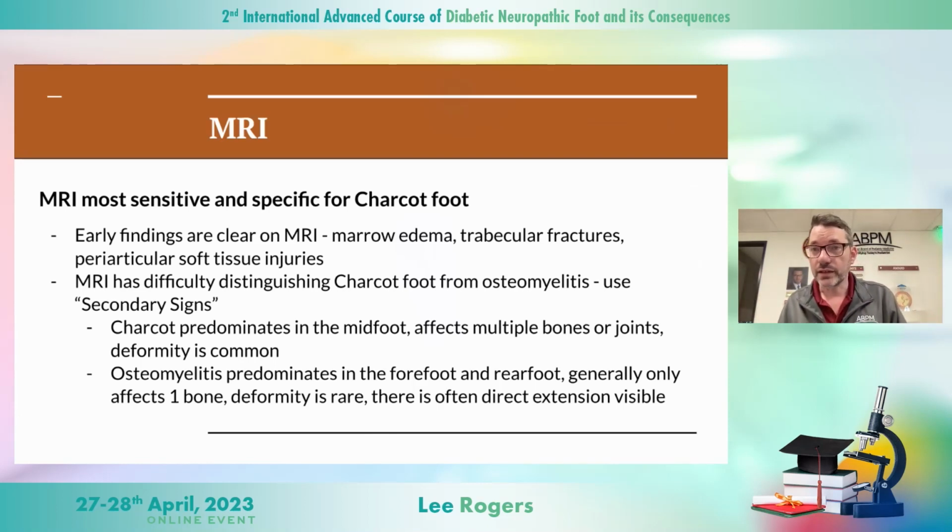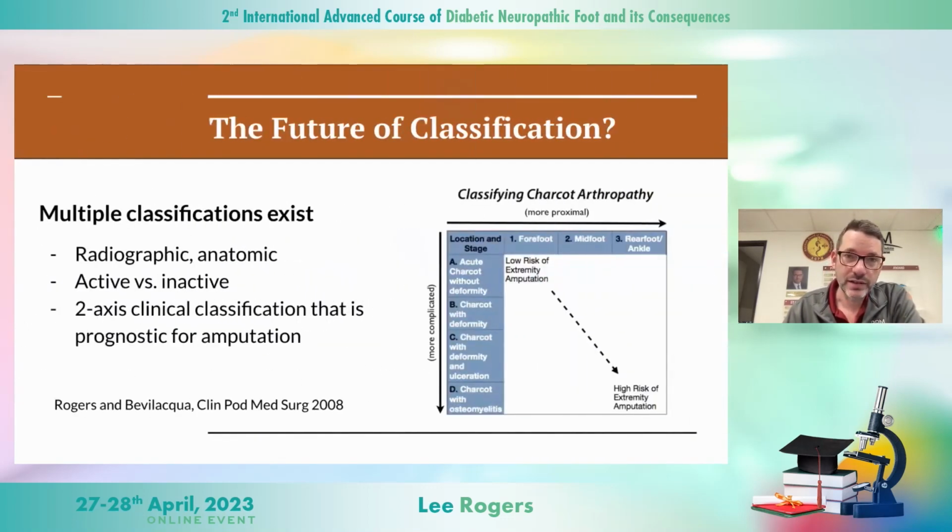So what you need to know is that Charcot foot predominantly occurs in the midfoot. It affects multiple bones and joints, and deformity is very common. Osteomyelitis predominates in the forefoot and the rear foot. It generally only affects one bone, and deformity is rare. And there is often direct extension from the skin ulcer directly to the bone in osteomyelitis.